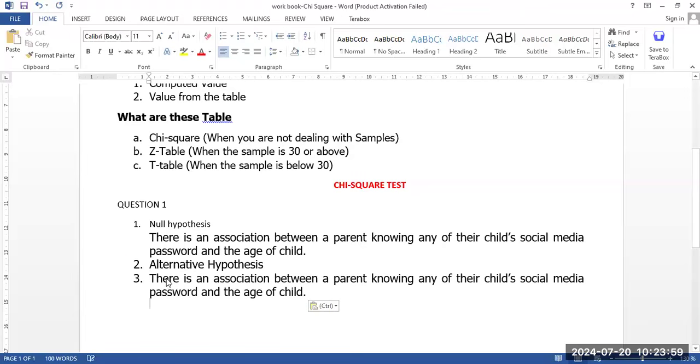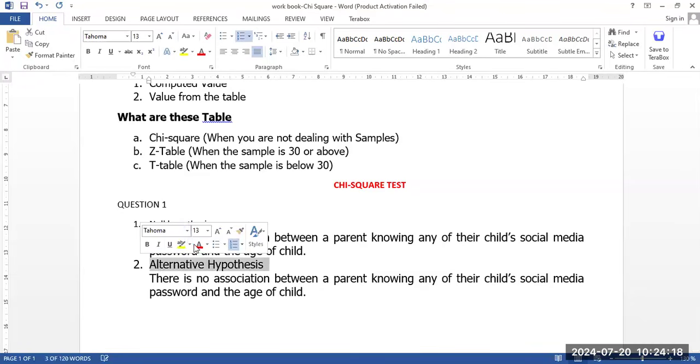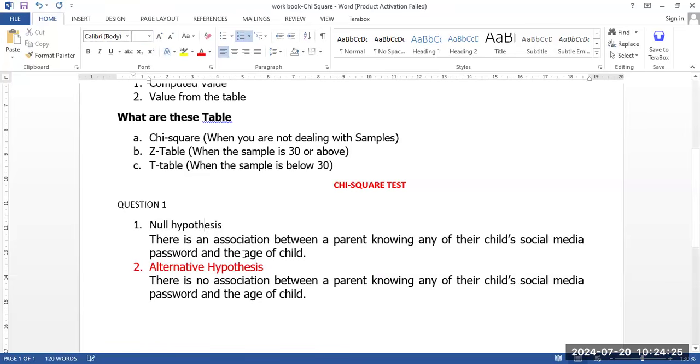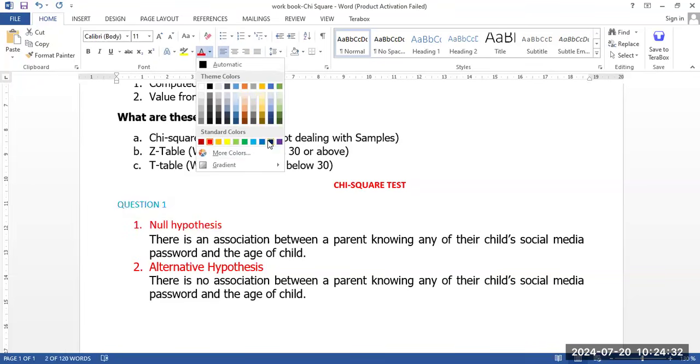And with the alternative hypothesis, we are just going to say there is no association between them. So this is our stated hypothesis.